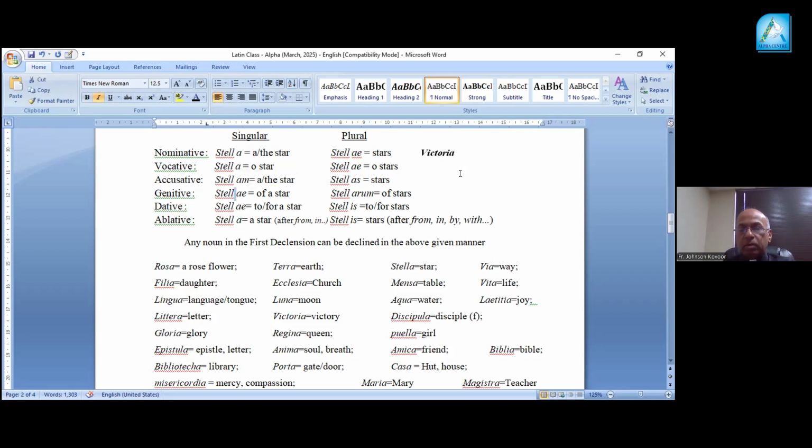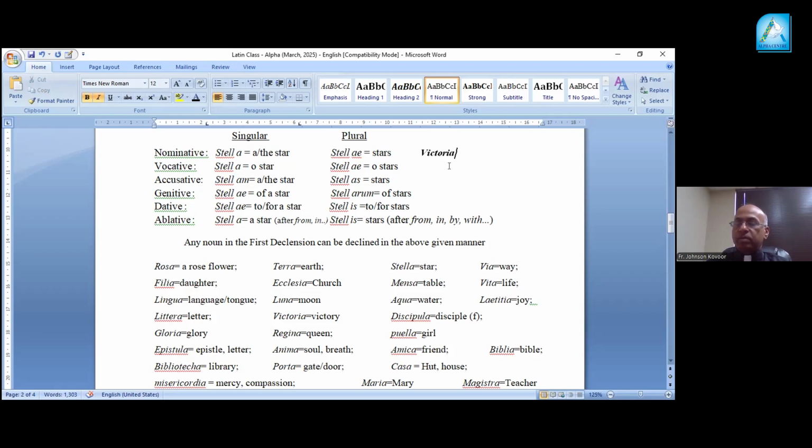Genitive singular will be Victoriae, of victory. Dative, to victory or to something, dative also is Victoriae. Ablative is Victoria. In the first declension, mostly feminine, there are some masculine nouns also, but in the first declension mostly the feminine nouns, nominative and vocative are the same, and also the ablative is the same.